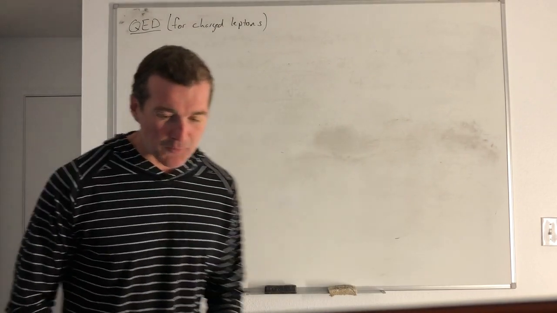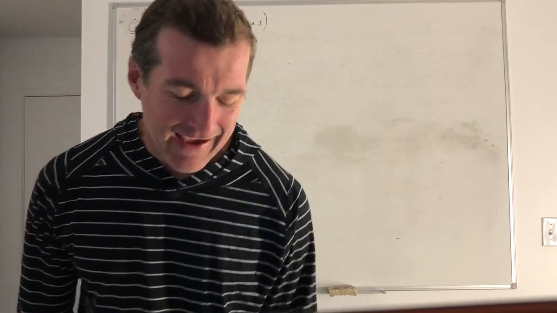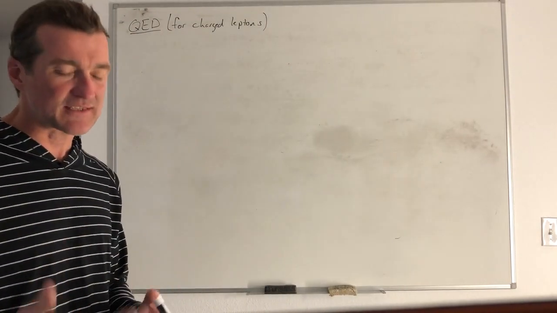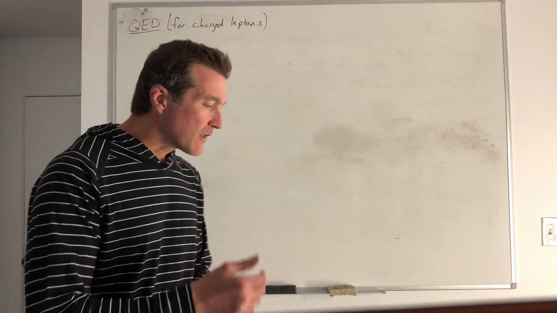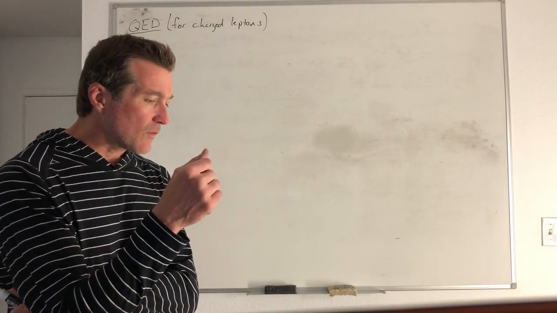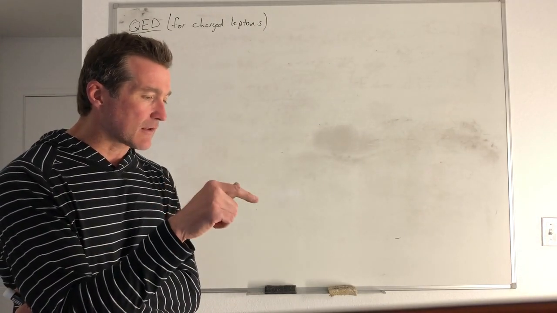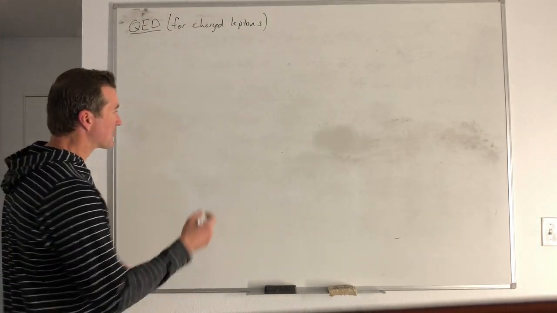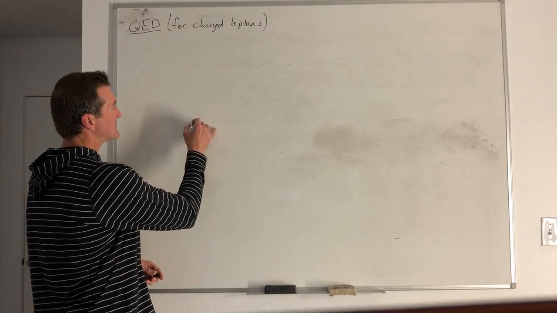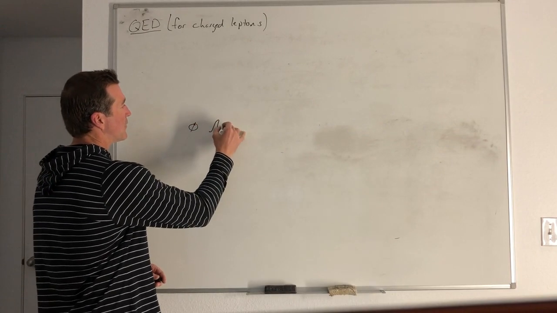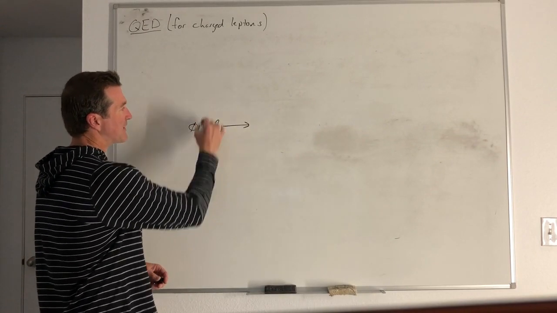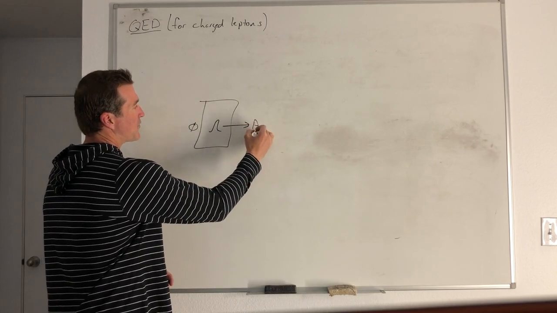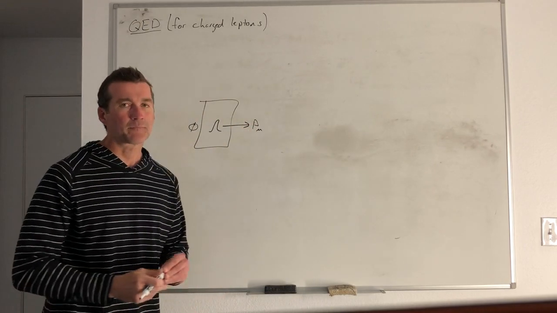Okay, so there's another problem. I just want to motivate some of the stuff I'm going to write on the board, because you're not going to be able to use this until next time. One of the things about using scalars is that if I have a scalar field and I have an excitation which is moving, that's a bump in the field, and it's moving with some momentum in that direction.